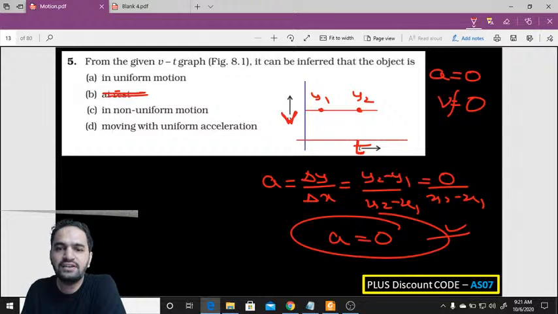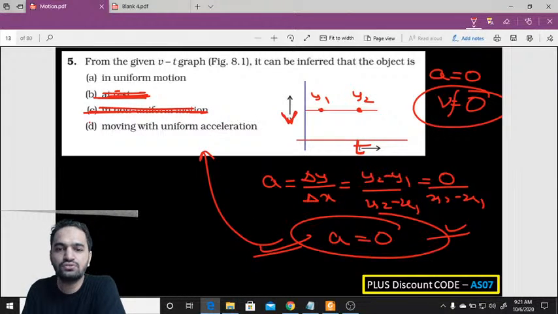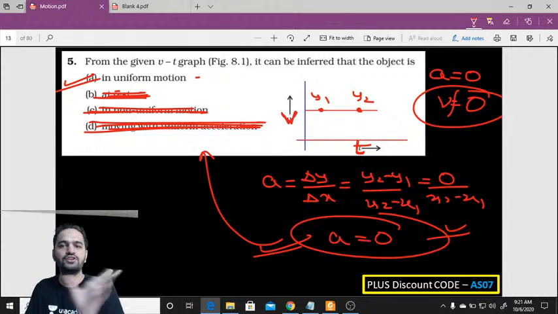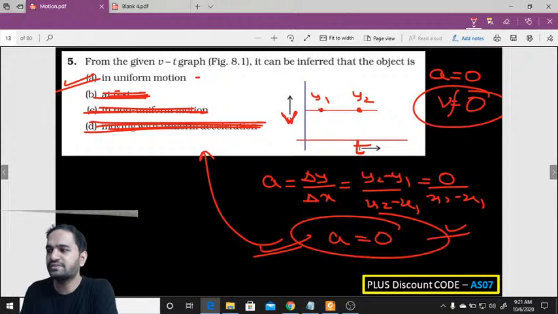Definitely not at rest because it has velocity. Non-uniform motion cannot be the possibility, because acceleration is already 0. The only option remaining is uniform motion. So your answer is uniform motion in this case. Very simple. So the answer is A.